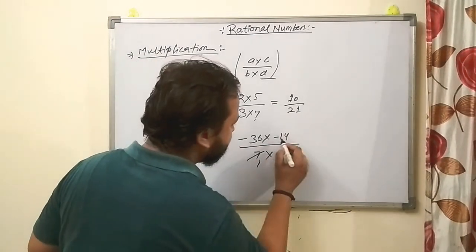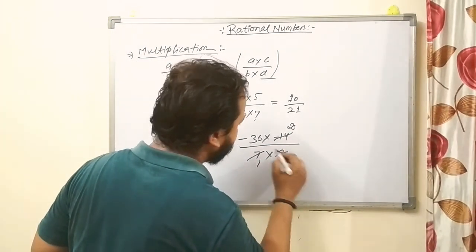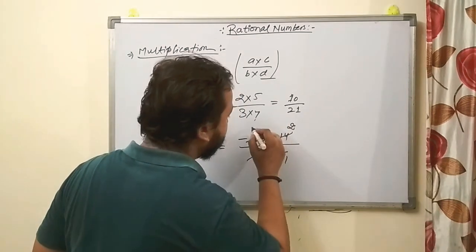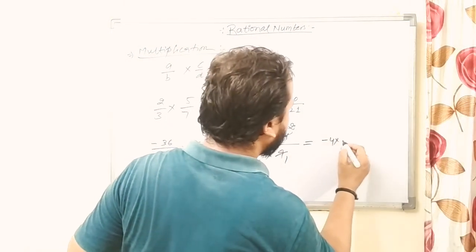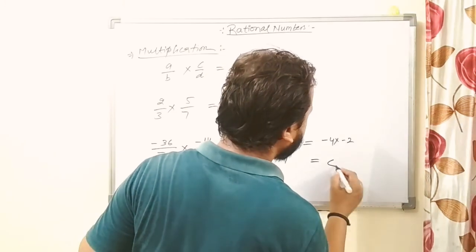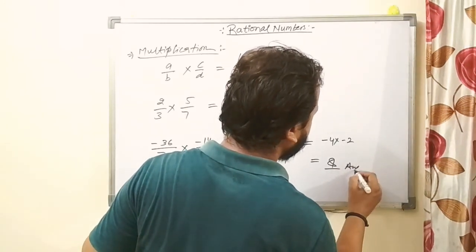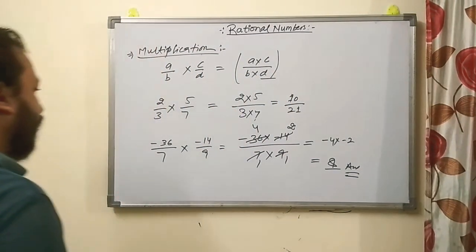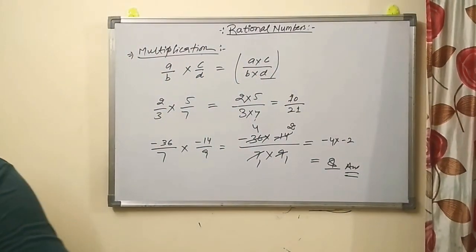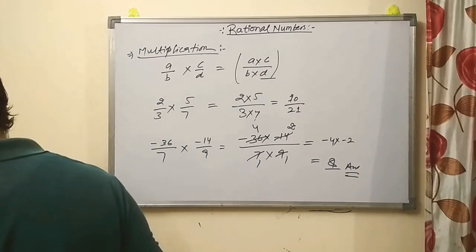So, 7 ones are 7, 7 twos are 14, 9 ones are 9, 9 fours are 36. So, minus 4 multiplied by minus 2 equals 8, and this is your answer, because minus multiplied by minus is plus.